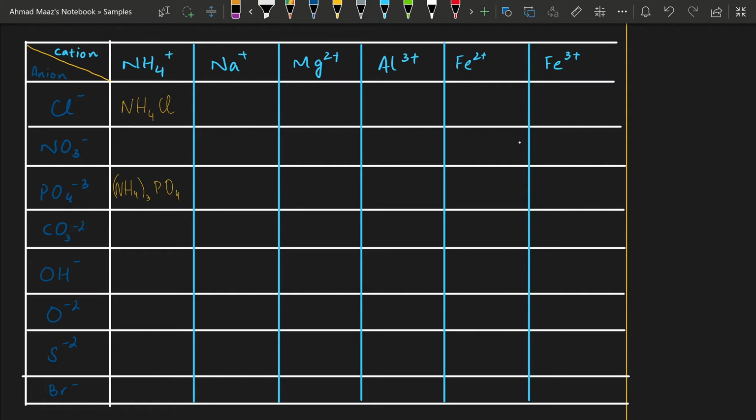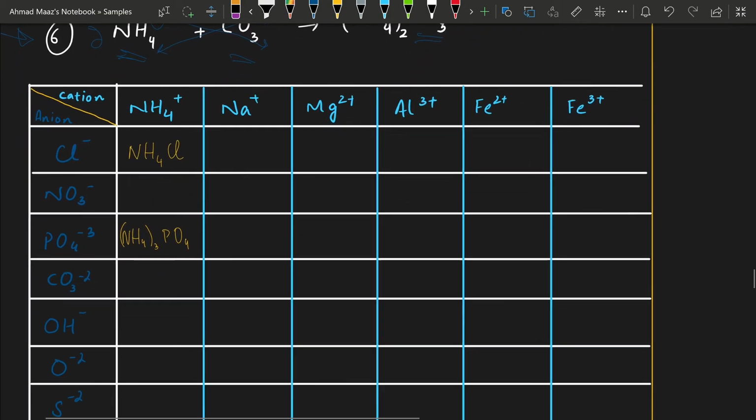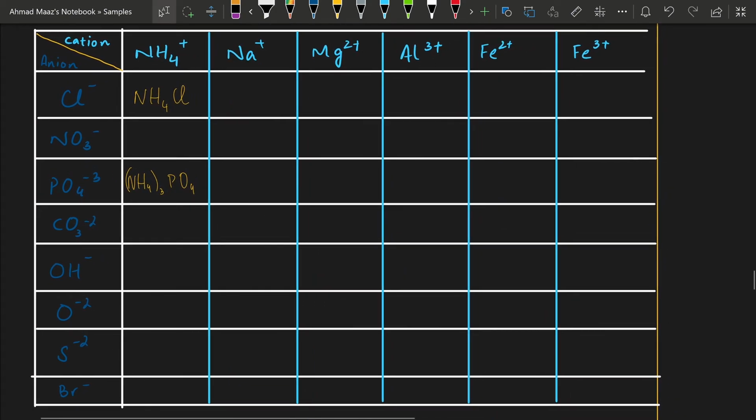So 3 ammonium ions will join with one phosphate ion to form a neutral ammonium phosphate. Remember, all compounds formed must be neutral. The positive and negative charges must be balanced during compound formation.